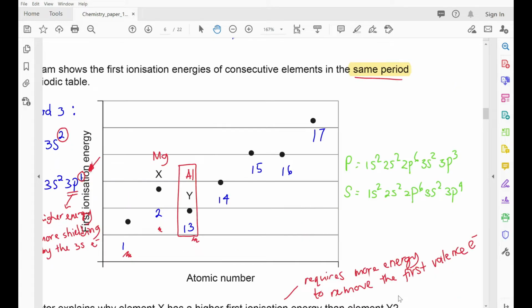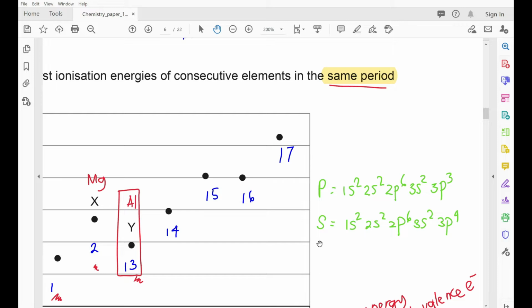Now, there is also a discrepancy here with element from group 15 and 16. Let's take a look at another example. We'll use phosphorus and sulfur. The electron configuration of phosphorus is written there. And if we draw the 3p orbital, we will get something like this.